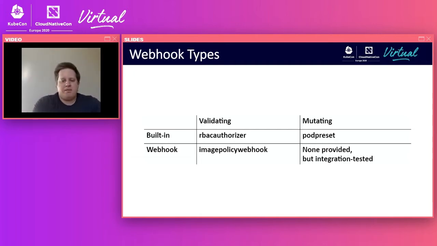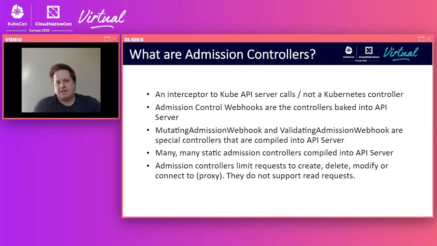And so there aren't any provided by the code, but there are integration tests that use a testing one called AGN host. And that is what we will look at later.